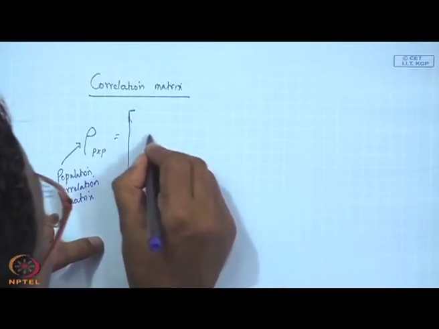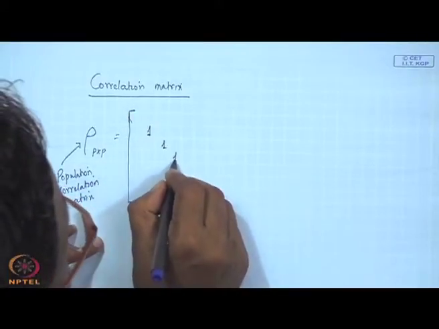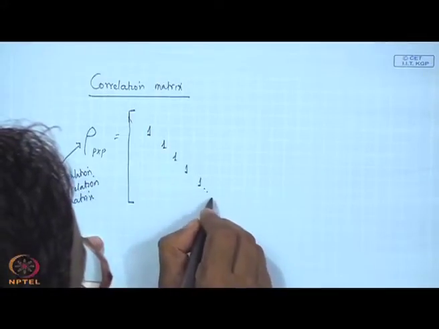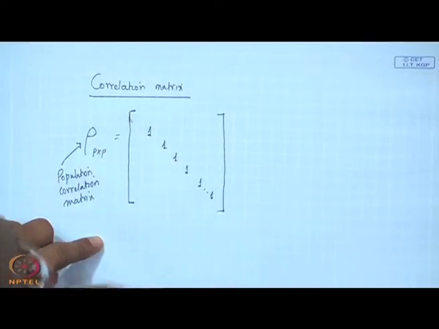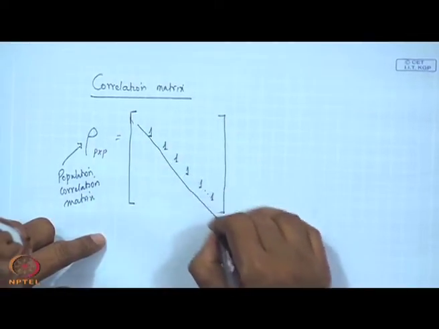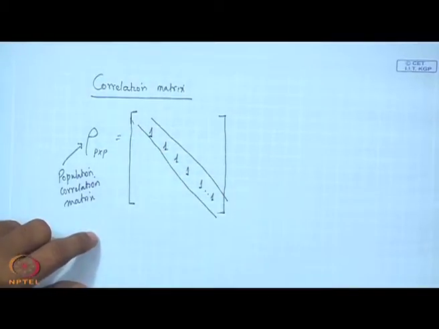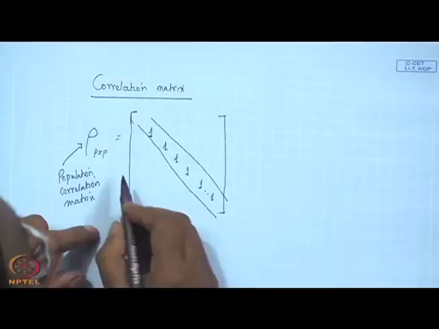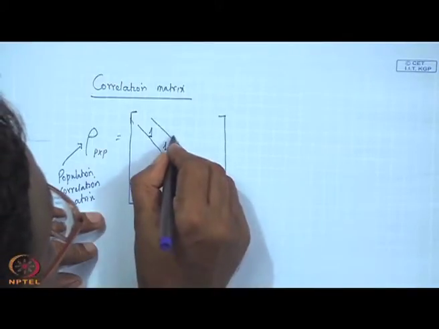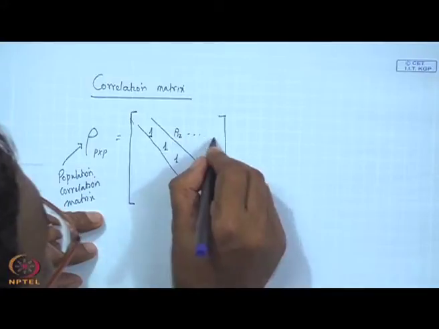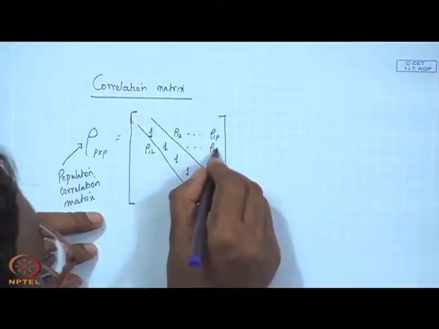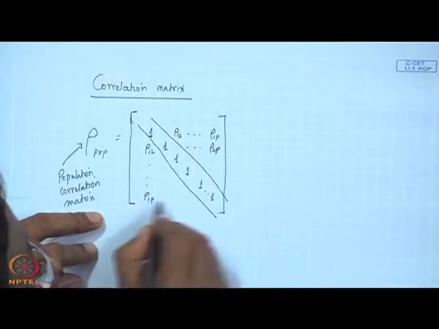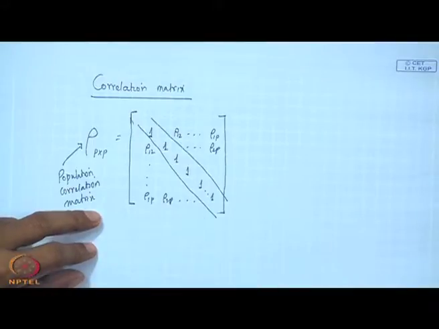The beauty here is that your diagonal element will be 1. This is the correlation of the same variable with itself, and the off diagonal elements will be written like this: rho12, rho1p, rho2p. It will continue like this, correct.